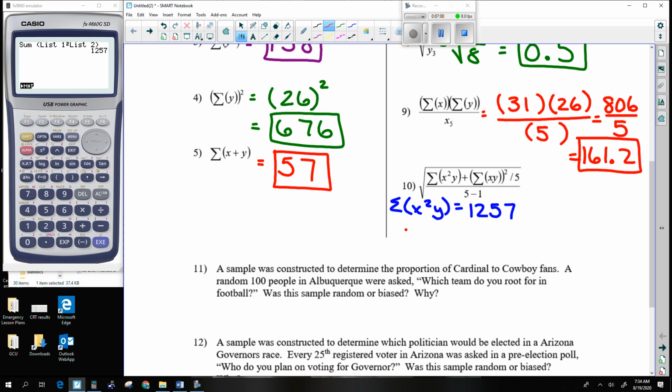Okay, the next thing, I'm going to start off with the sum of xy. All right, so that's the sum of xy. With that, I am going to square it and then divide by 5.